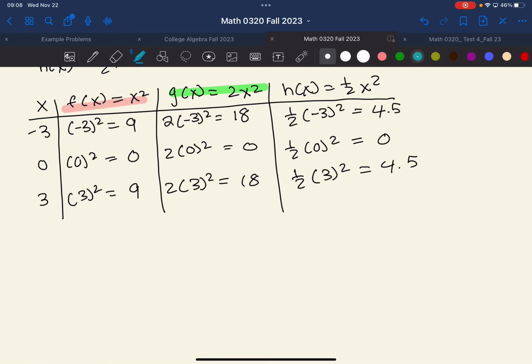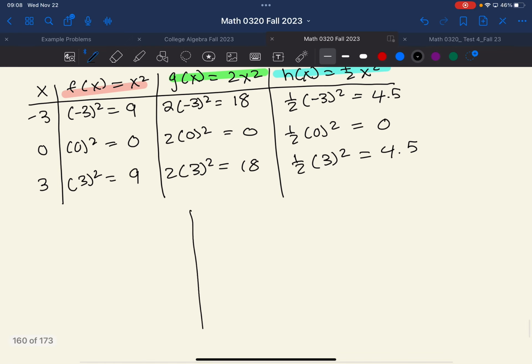Okay, so now plotting these points, I'm going to plot -3, 9. Oh, wait. Can't say that's 9. Say this is 9. Okay. 0, 0. And then 3, 9.